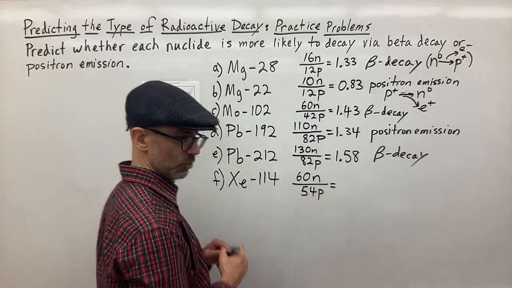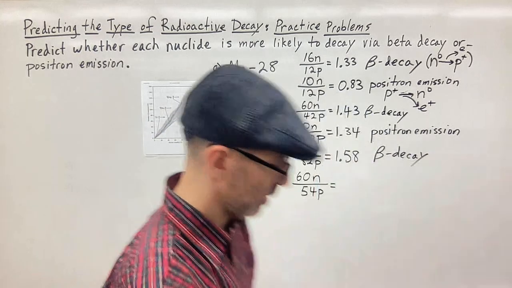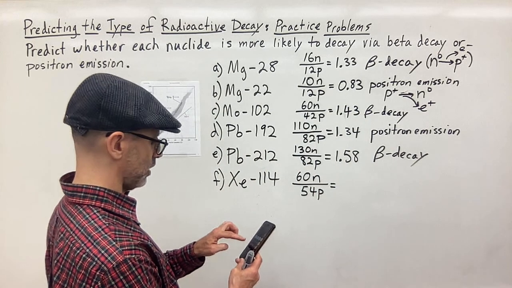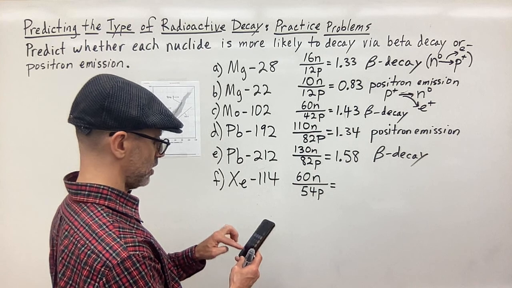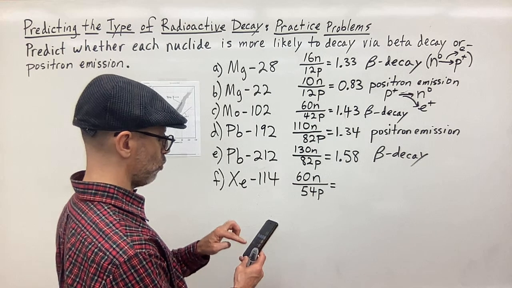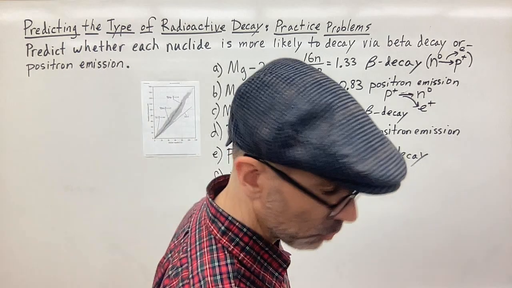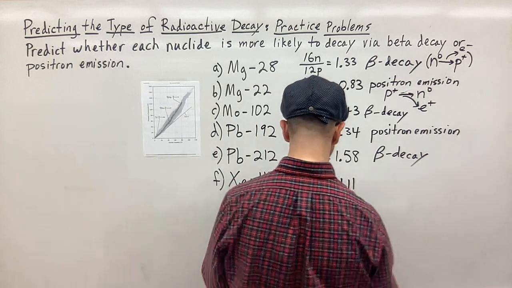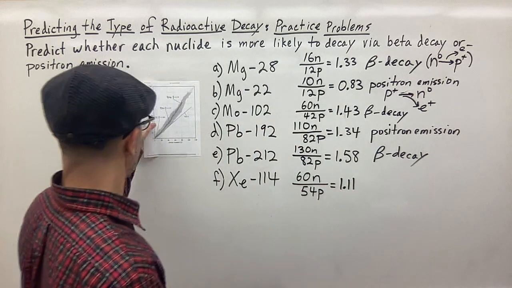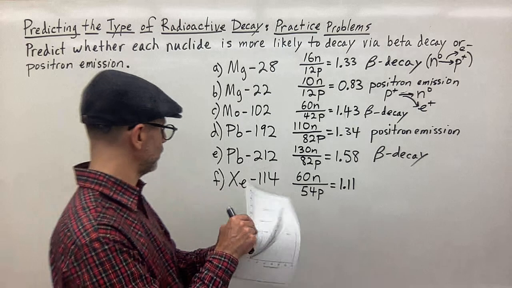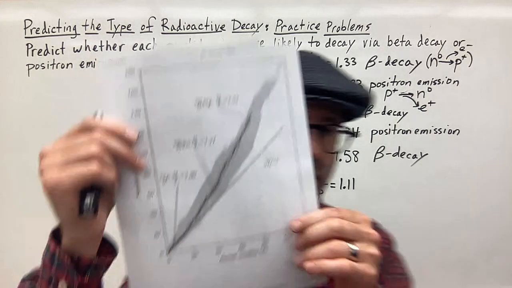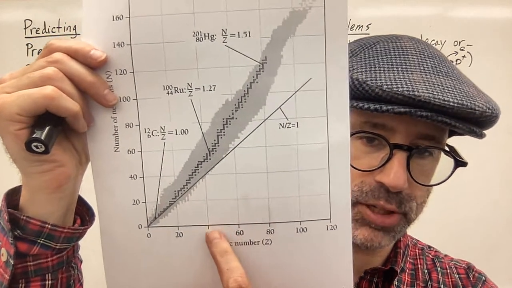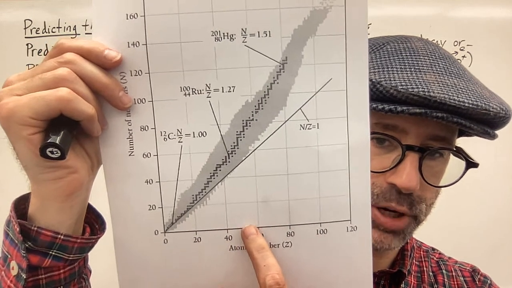And when you calculate the ratio, 60 divided by 54 equals 1.11. And if we look on our valley of stability for 54, you could see here 54 is in between 40 and 60, so it's pretty much in the middle.